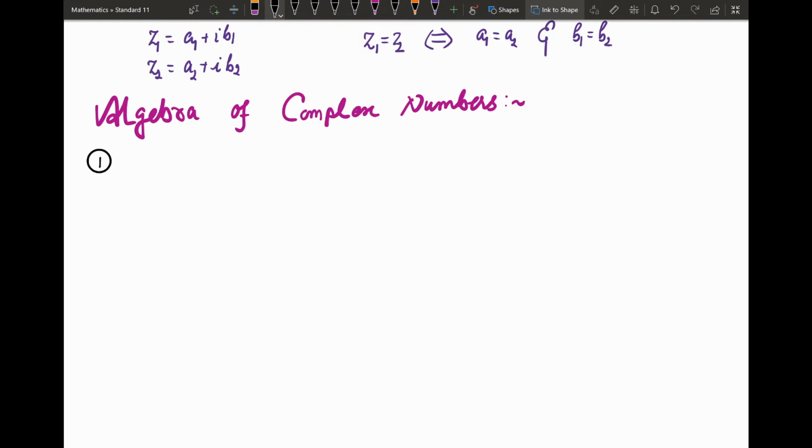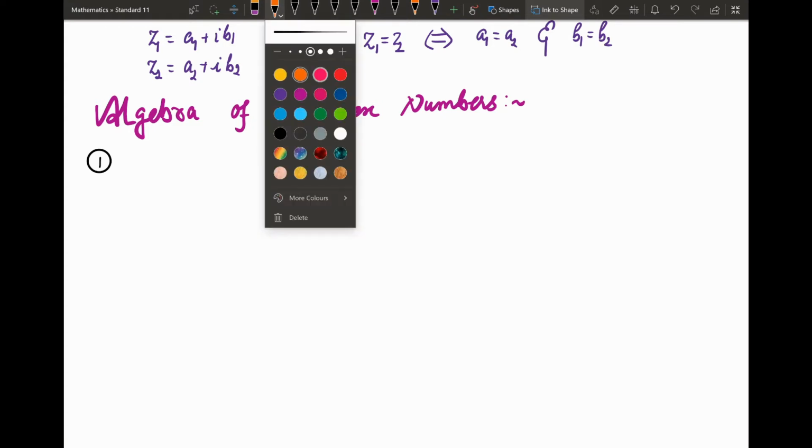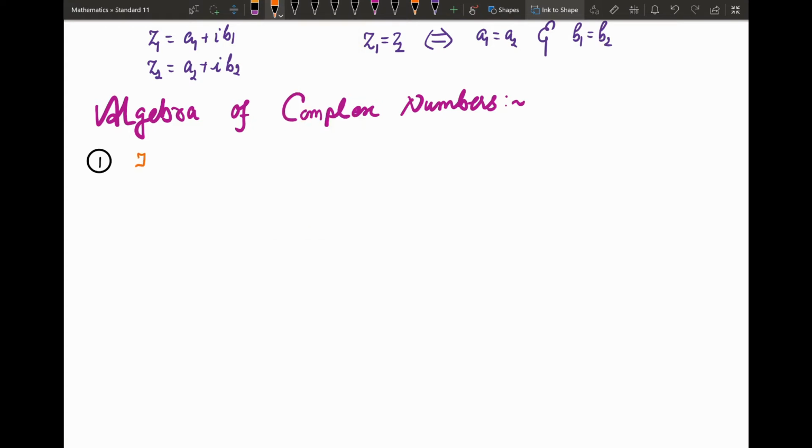First property, the closure law. According to the closure law, the sum of two complex numbers is a complex number.